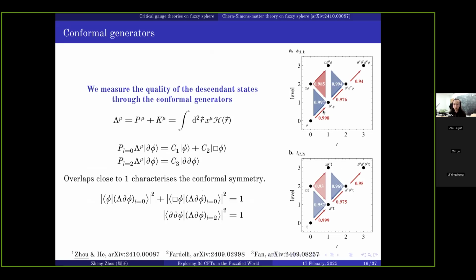And in practice, we find that for these lower values, all of these overlaps are larger than, say, 93 or 95%. And for the lowest ones, it is even better, larger than 99%, which characterizes this good conformal symmetry.